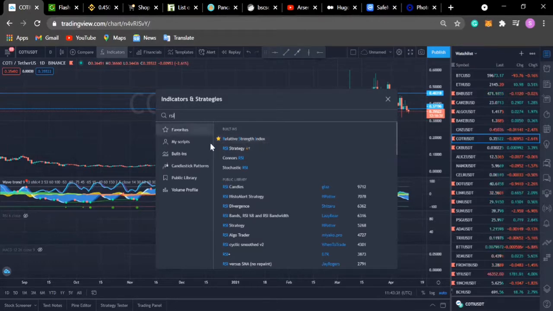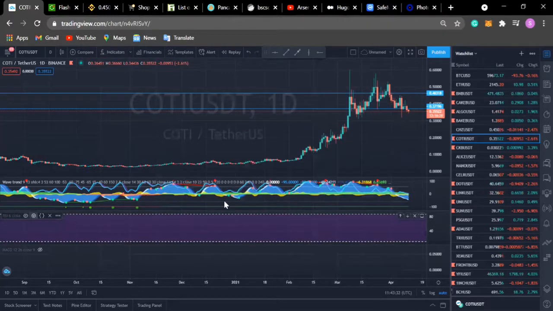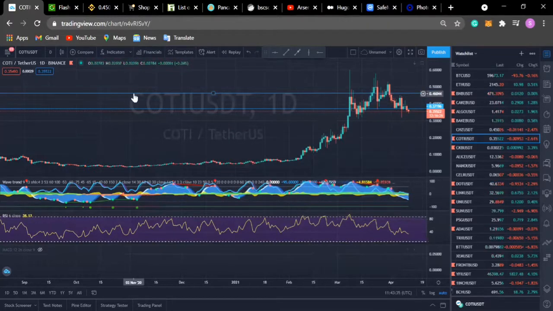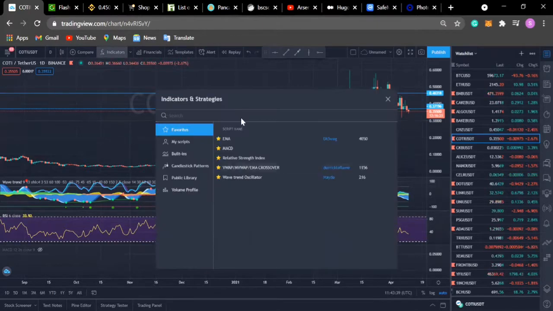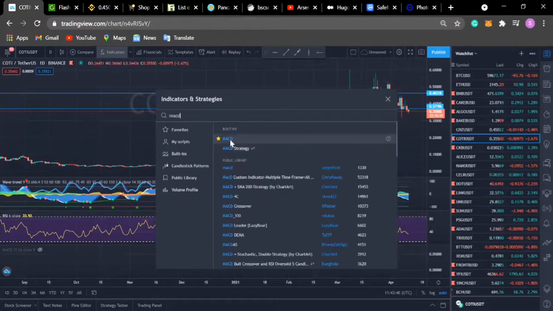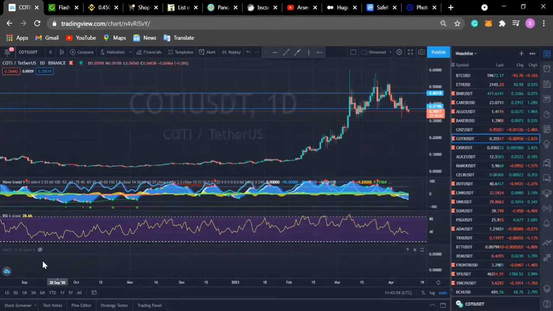Click on it and it comes on. The last one is the MACD. Search for the MACD. This is the MACD we're using. Click on it and it appears on the chart.